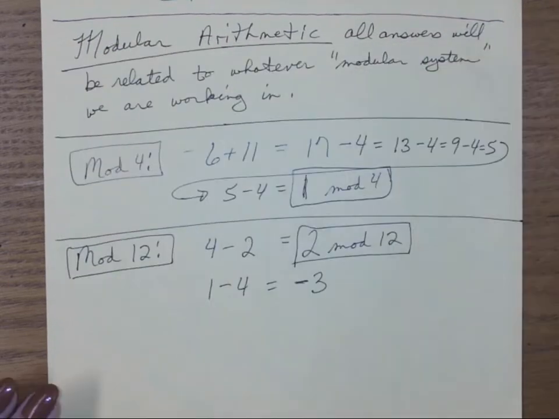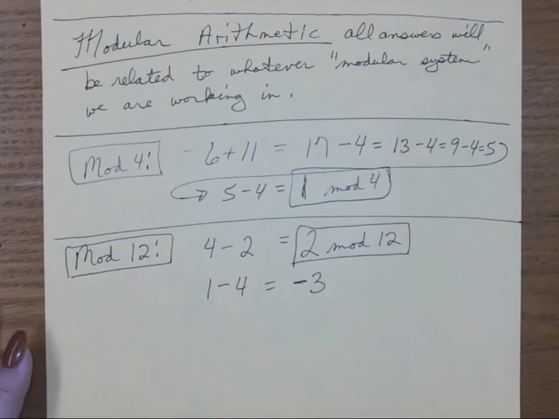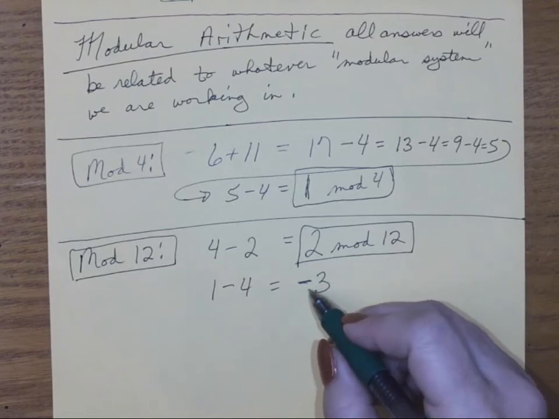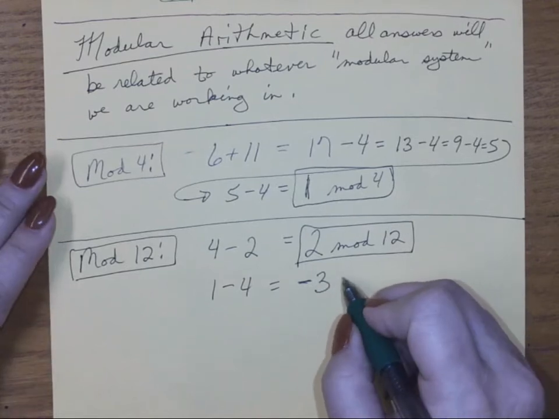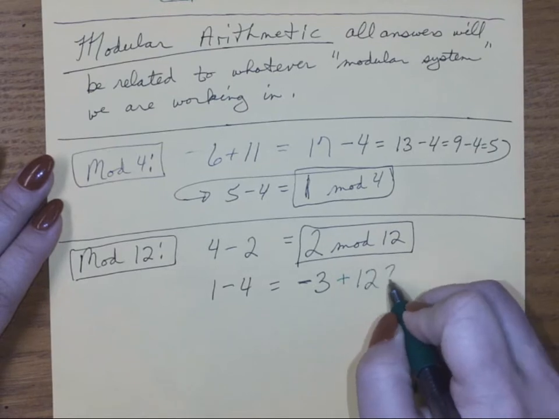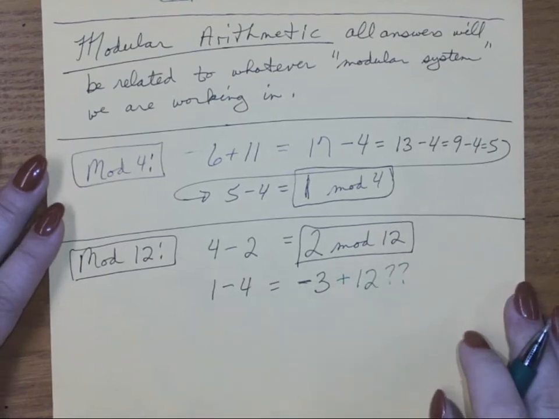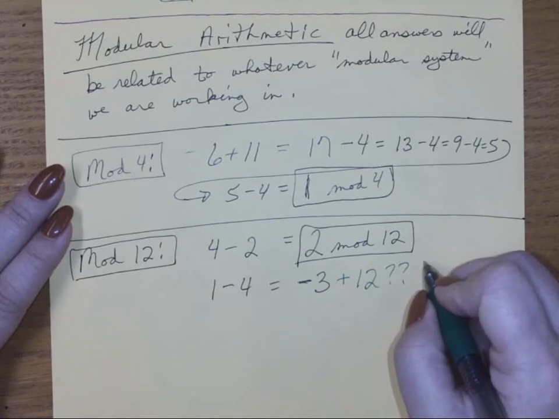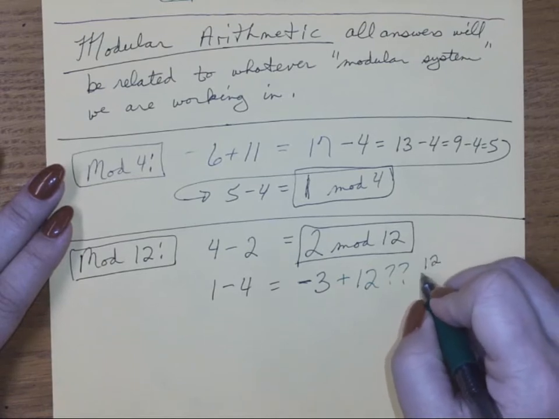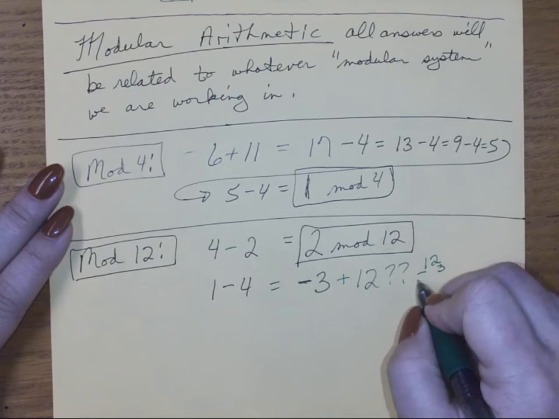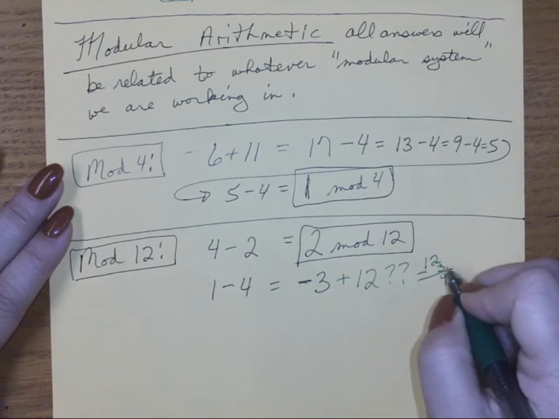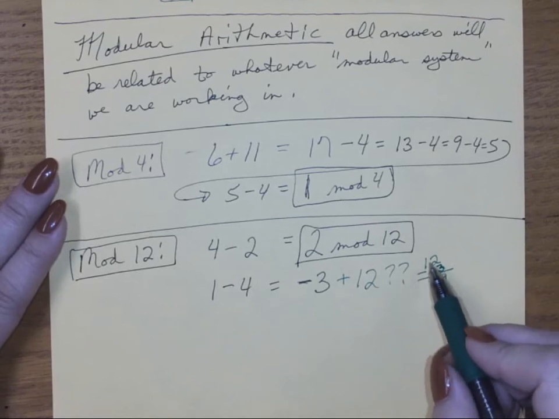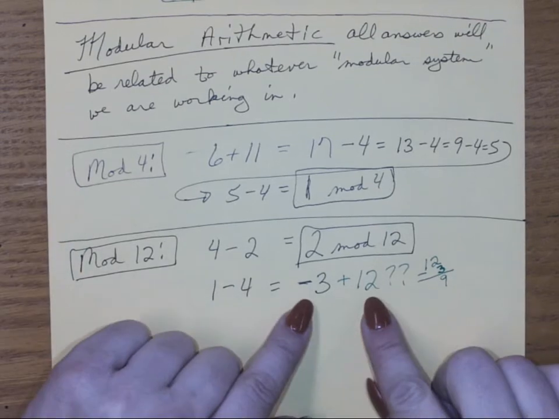So I want to think, how in the world can I show that? Okay, and I need it to be a positive answer, so instead of subtracting the 12, I'm going to think, can I add the 12? Is that okay? Yeah, because it's basically the idea of I was at midnight and I subtracted 3, right? And I got the 9. So it's a little bit sneaky here because we're thinking to ourselves, what are we utilizing here?